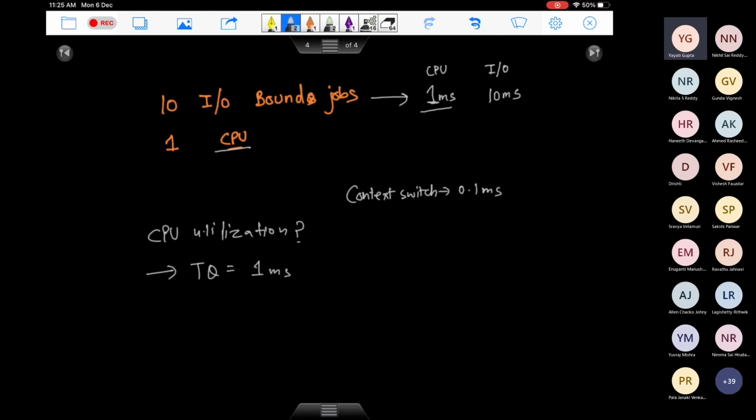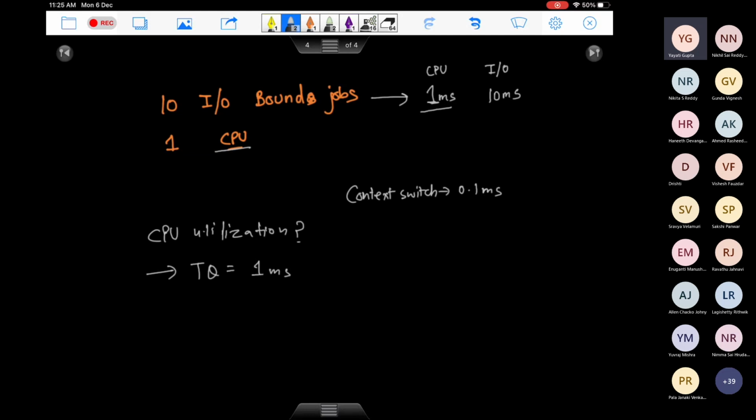Okay, so let's take a general case. I'm going to run 5 input output bound jobs, then I'm going to run the CPU bound job, and then I run the remaining 5 input output bound jobs. It's taking some time to appear on the screen, so maybe you can just write on a piece of paper what I'm saying. At time 0, your first process starts, which is an input output bound process.